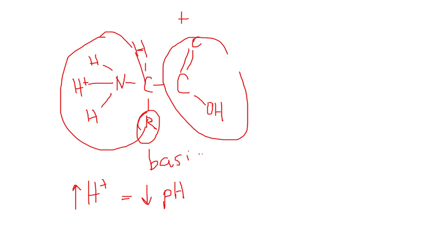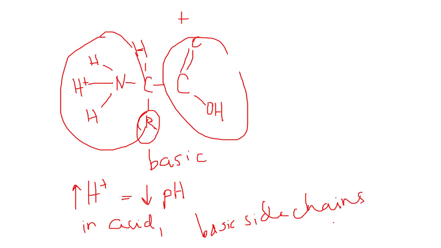So what that means is if you're in a very high hydrogen ion environment, a very acidic environment, then the acidic side chains won't do anything. It's the basic side chains that will be ionized. Basic side chains will be positively ionized. And acidic side chains, carboxyl groups, will stay neutral.